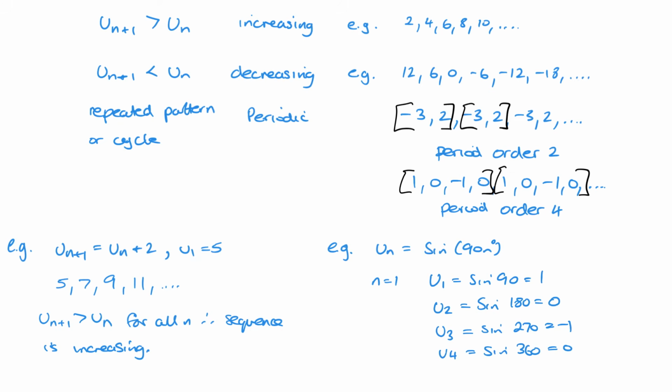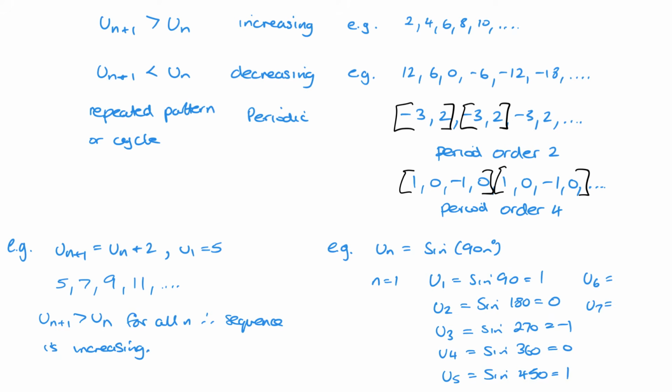If I carry on then, u5 would be sine of 450, and we would get 1. And of course we know that this pattern continues in this way. Now normally I would do a few more values, so find u6, u7 and so on.